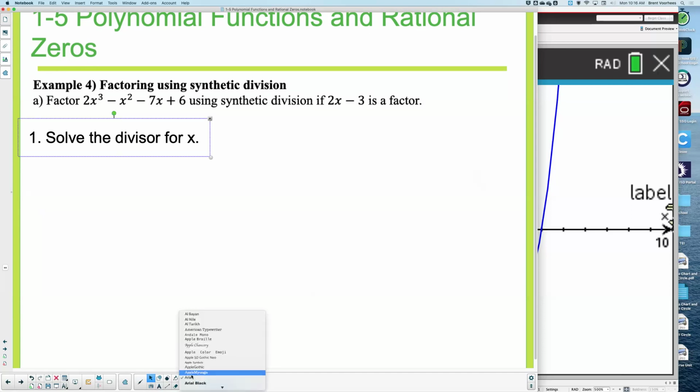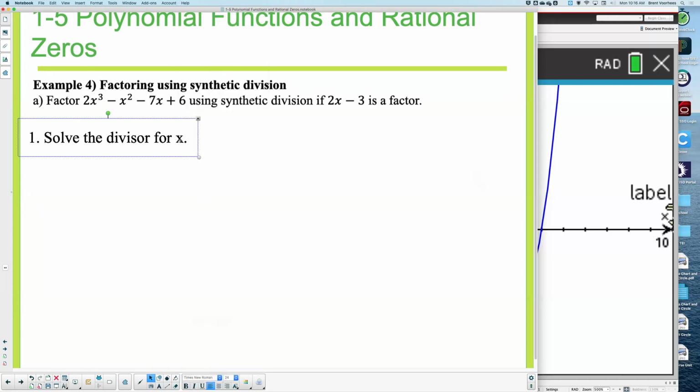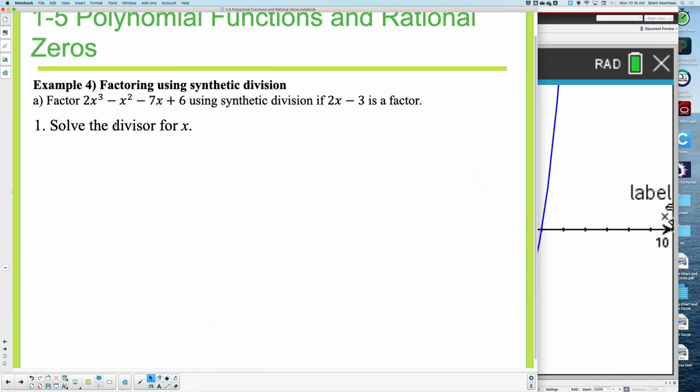I want to make sure you can read it better. Solve the divisor for X. That means the part that's doing the dividing. In this problem, this right here is the divisor.